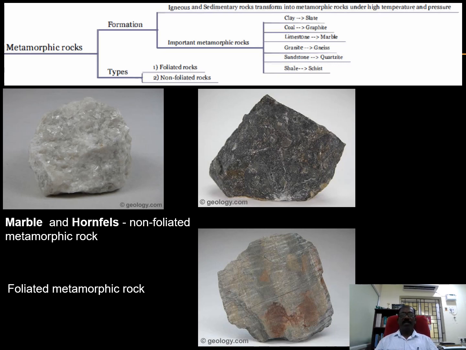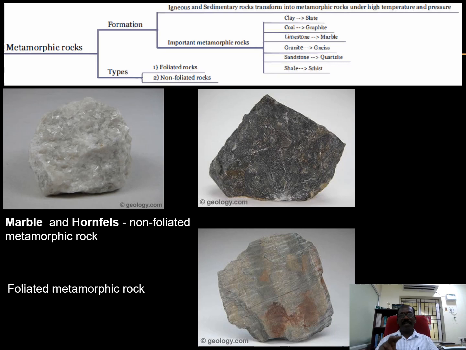For example, clay converted into slate, coal converted into graphite, limestone converted into marble, granite converted into gneiss, sandstone converted into quartzite, shale converted into schist.